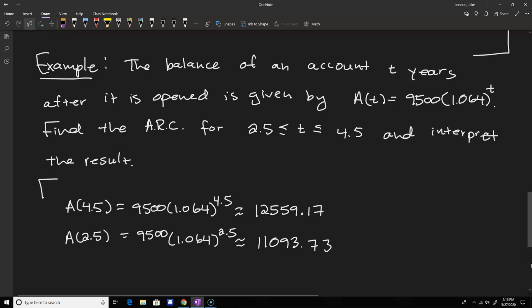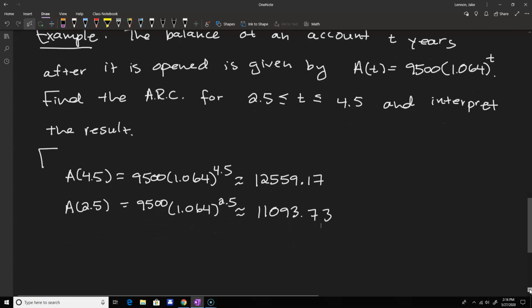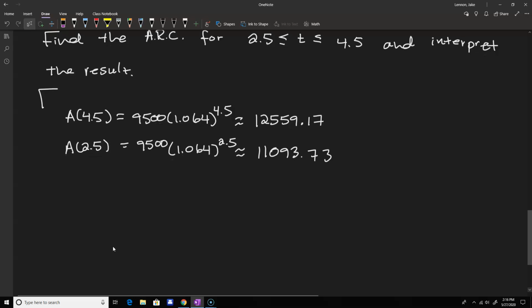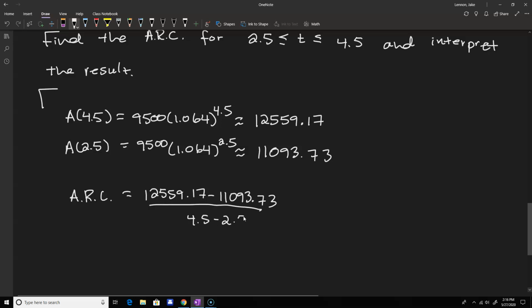So then below, let's go ahead and compute the average rate of change. So the average rate of change is going to be the difference of these two outputs, 12,559.17 minus 11,093.73 over 4.5 minus 2.5.